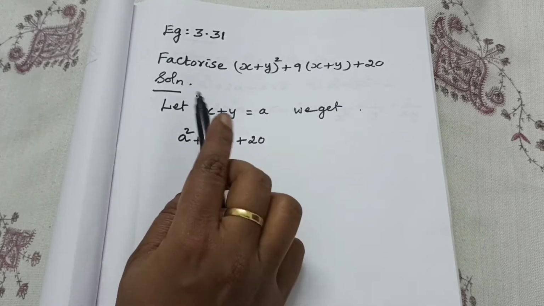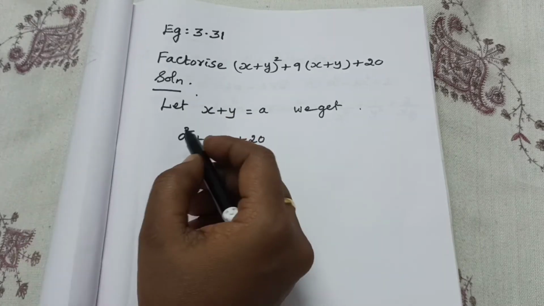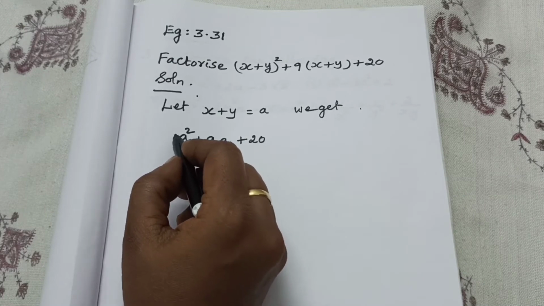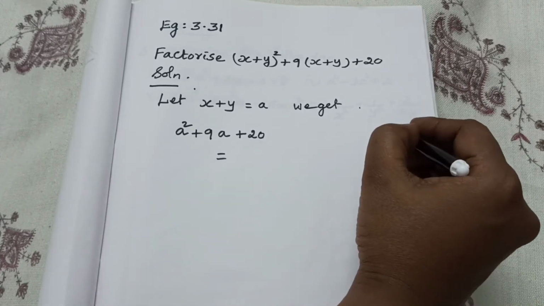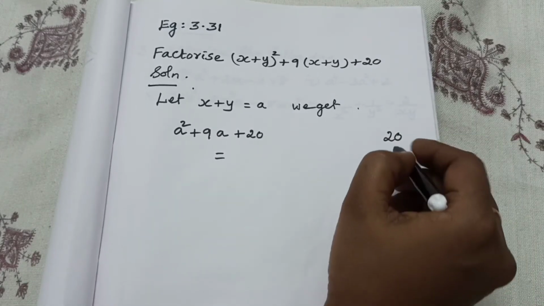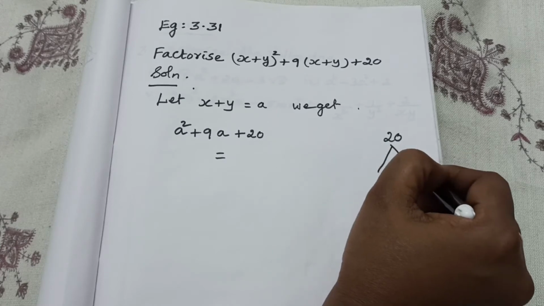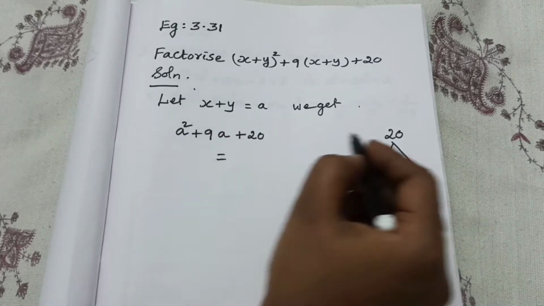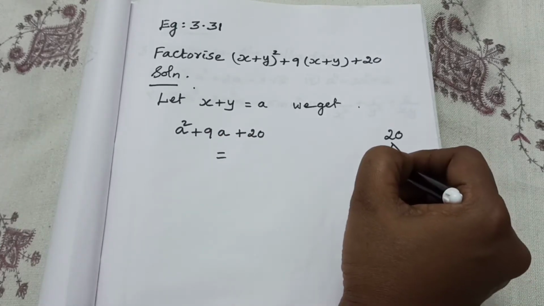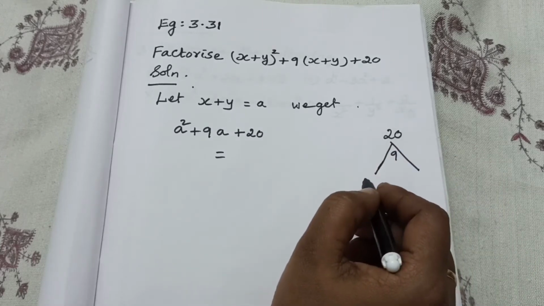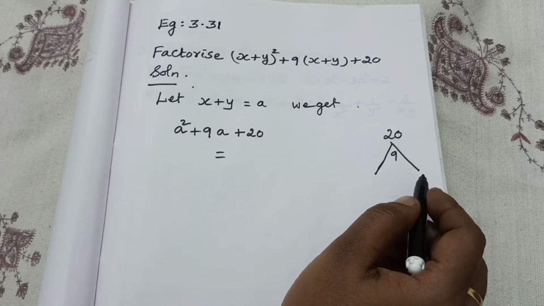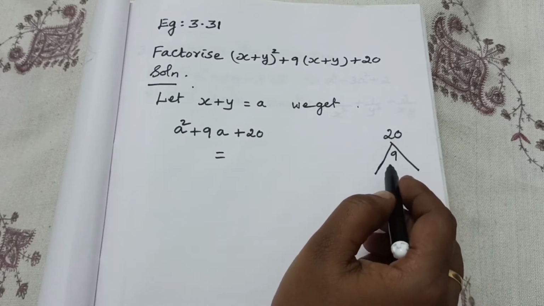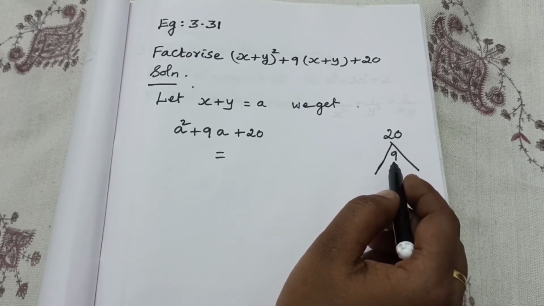But our question is factorize. Then a square, what's the coefficient? 1, isn't it? This 1 we have to multiply with this constant. 1 into 20 is 20. Product is 20, then sum is 9. What are the numbers you find? Suppose 1 into 20, then product 20 we will get, but we won't get this sum.